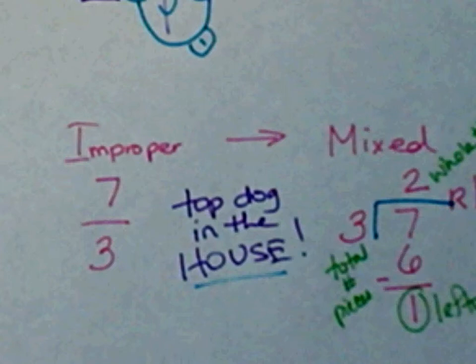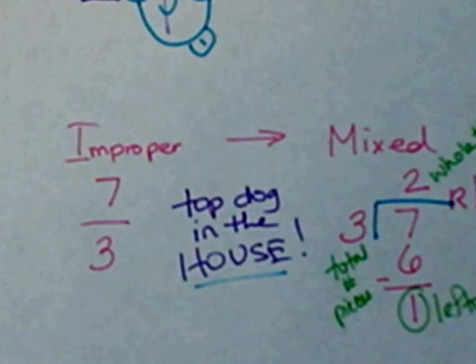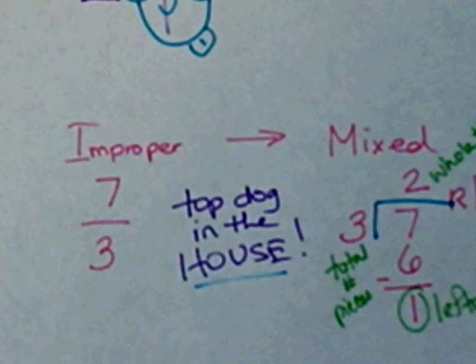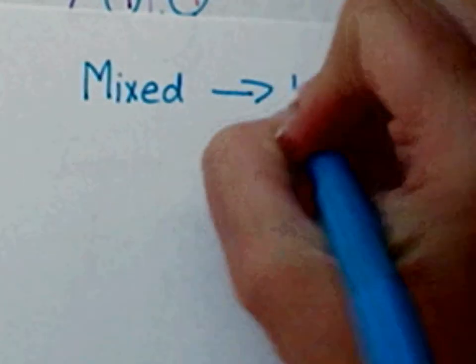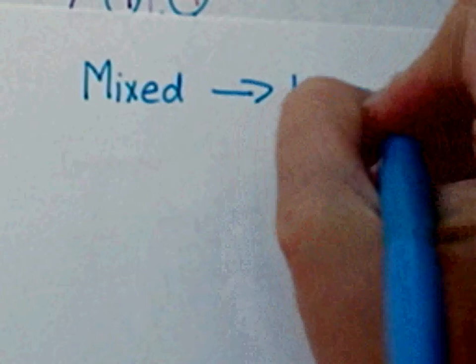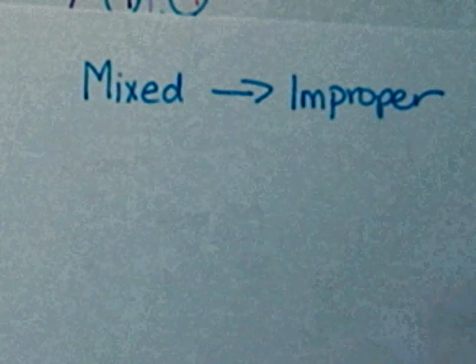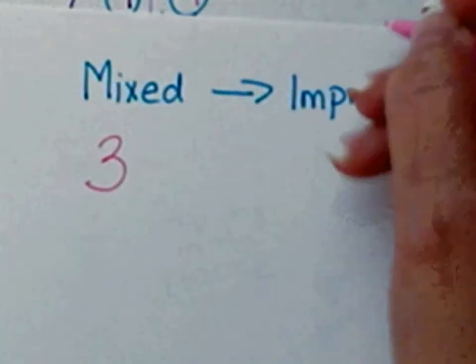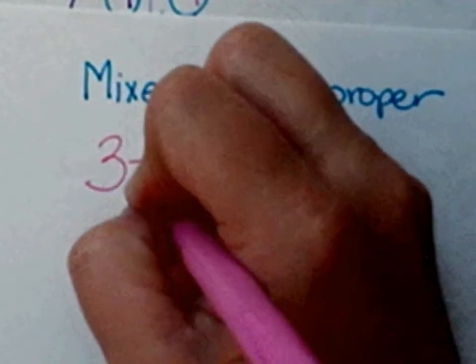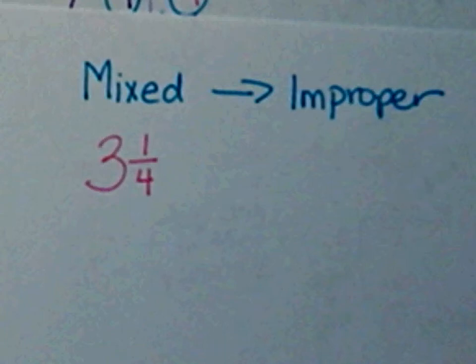Okay, so let's try to go from mixed to improper. So remember, a mixed number is identified by a whole number and a fraction.